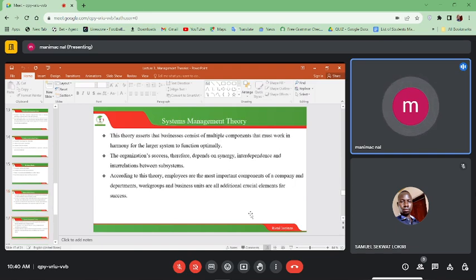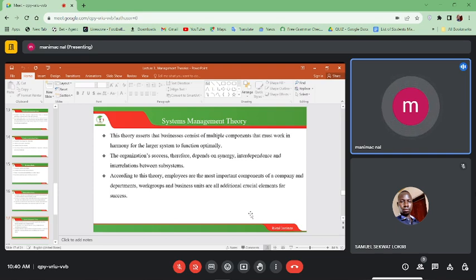Further still, we have another theory which is called the systems management theory. A system is an entity that is made up of interrelated, interdependent parts. The systems theory asserts that a business consists of components that must work in harmony for a larger system to function optimally.